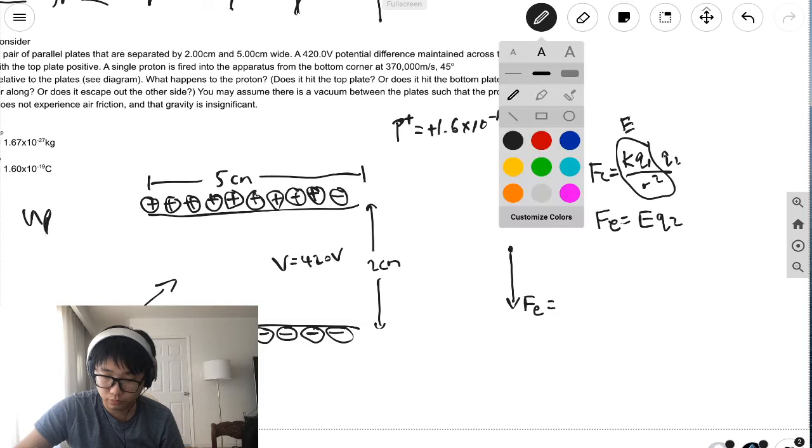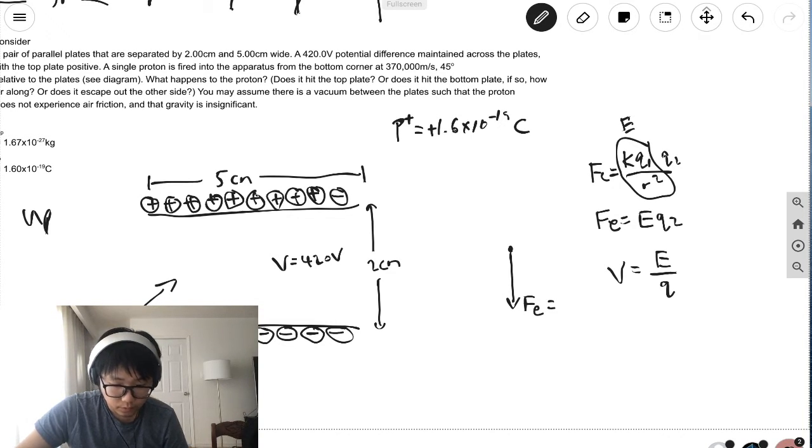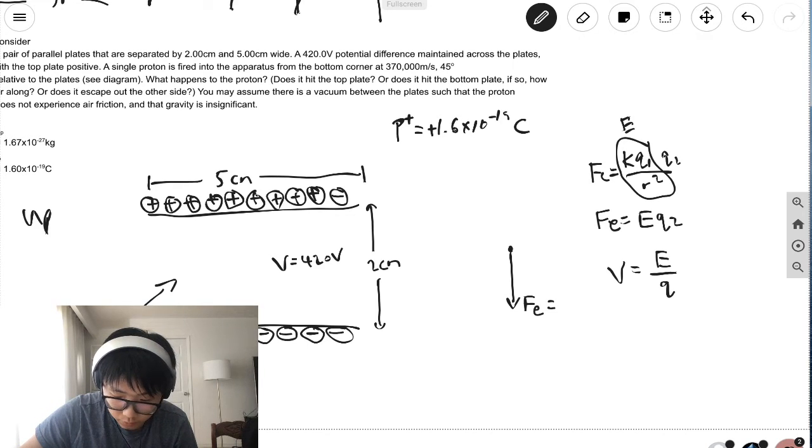So voltage equals what? E over Q, exactly. So voltage equals E over Q. Okay, what can we do here?